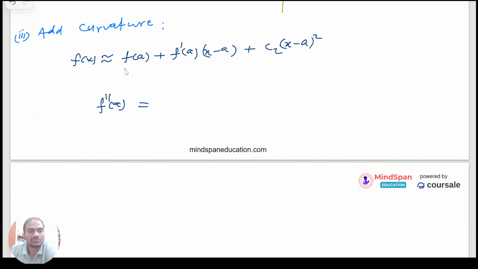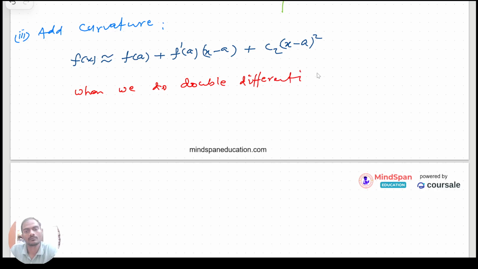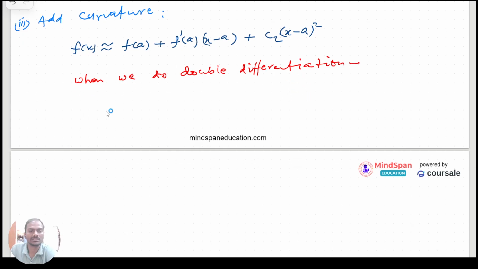When we do double differentiation, anything which has a lesser power than 2 will vanish, right? At some step they will become a constant term and they will vanish.